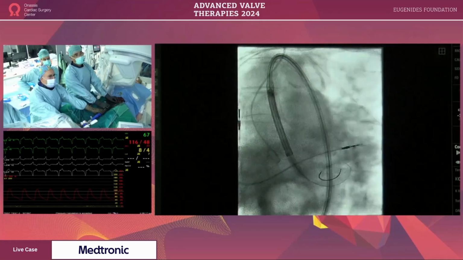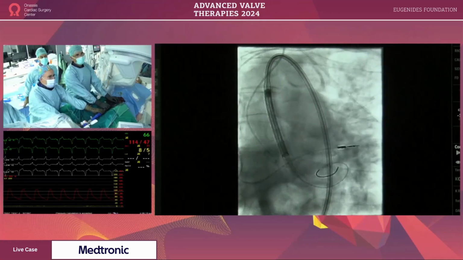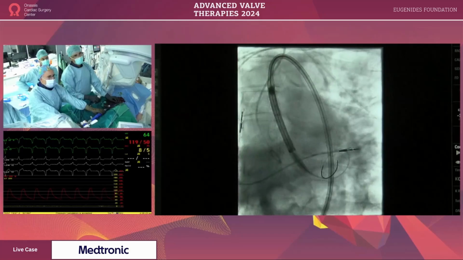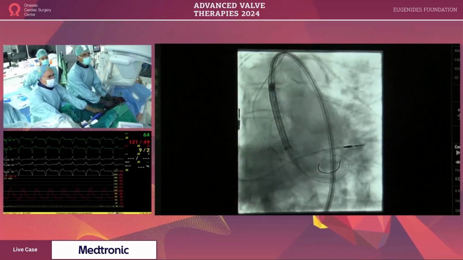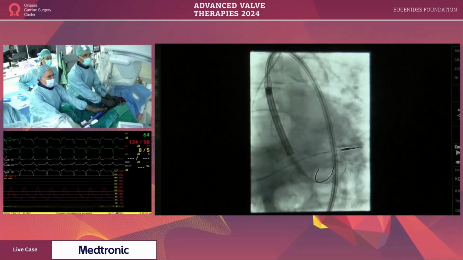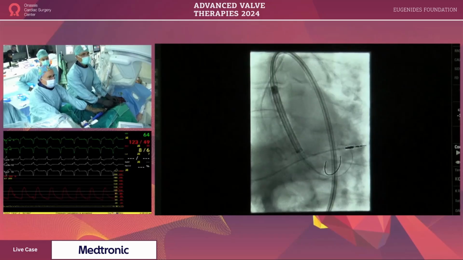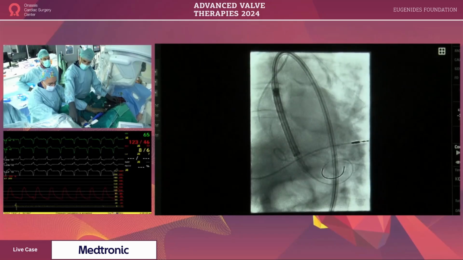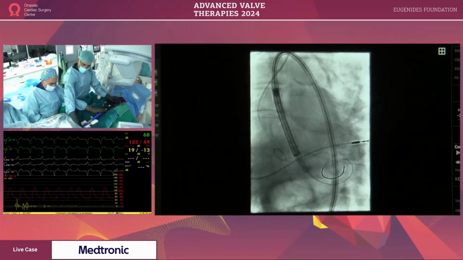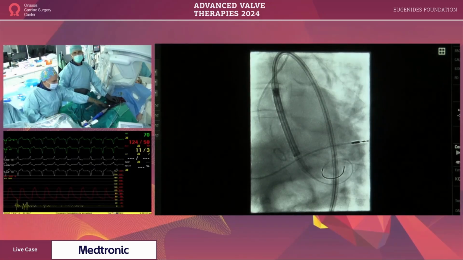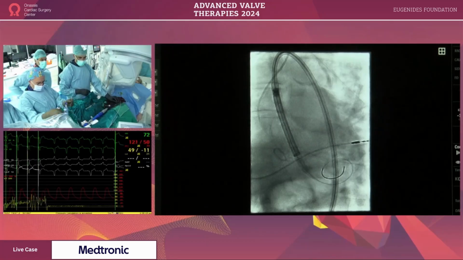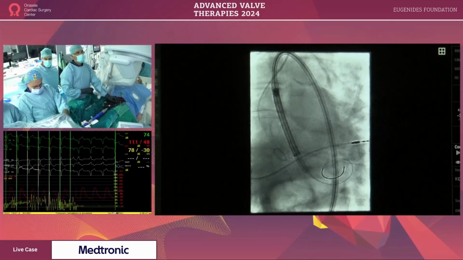So we have to push the wire a little bit, Vasily, inside. Okay, and then I'll push it a little bit. The valve is coming out. Okay, can we place? Can we go to 80? Okay, 100. That's perfect.